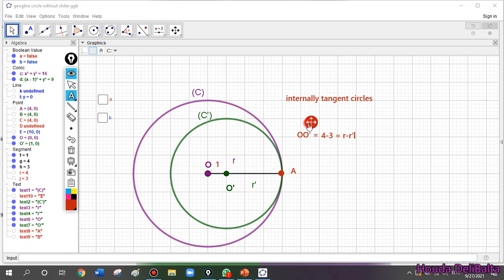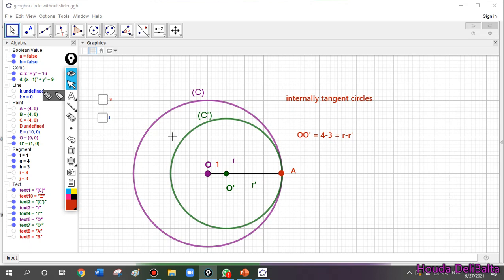So that's the relation between the centers when the circles are internally tangent: the distance between the centers is exactly equal to the difference of the radii, the larger radius minus the smaller radius.